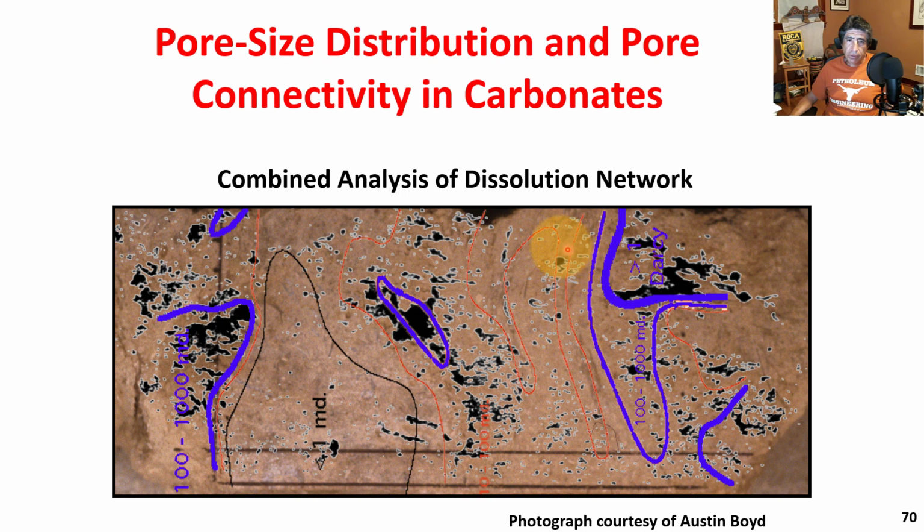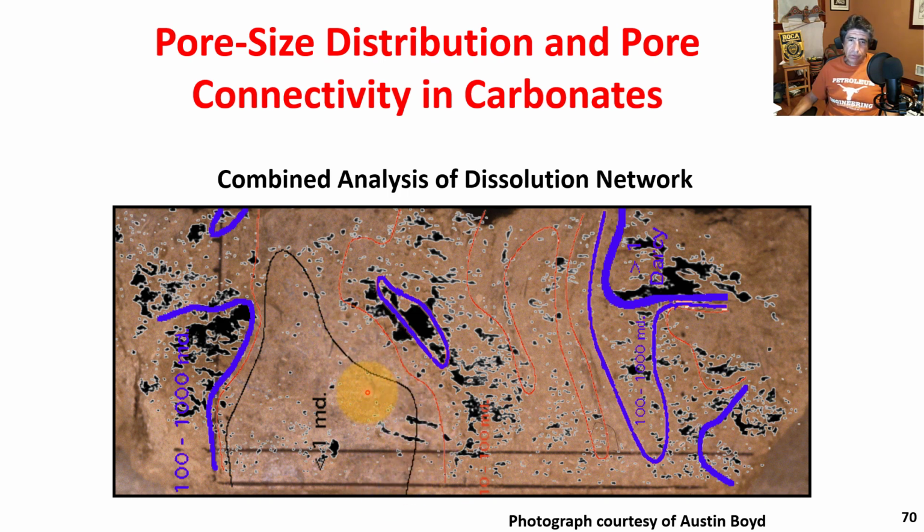And then we have another region here that has extremely small pore sizes, anywhere in the range of 10 to 100 micrometers. And then we have another region that has essentially microporosity, where the pore size on average is 1 micron.